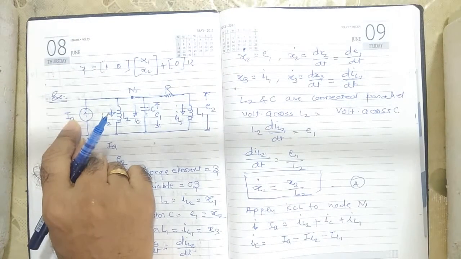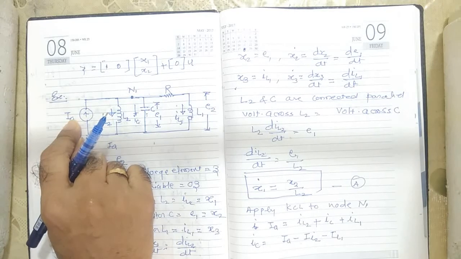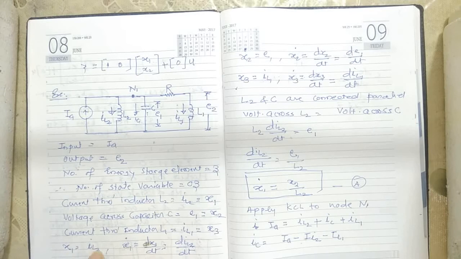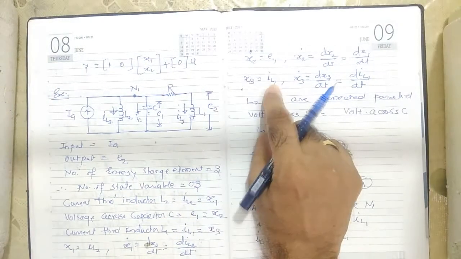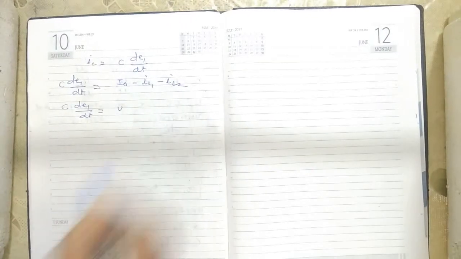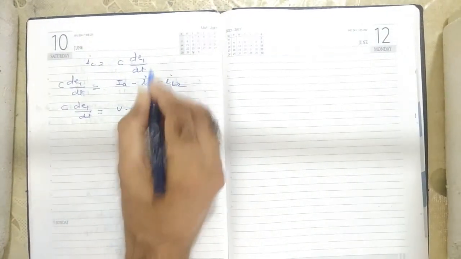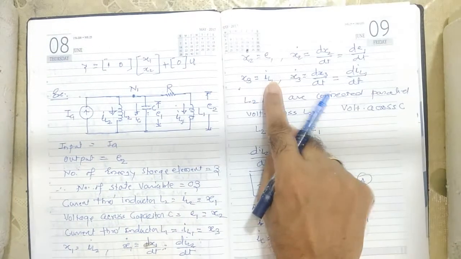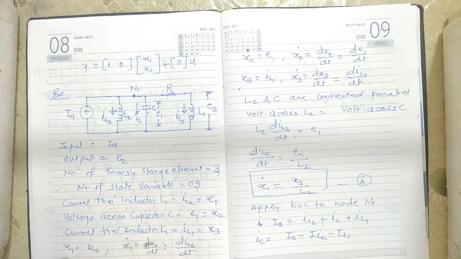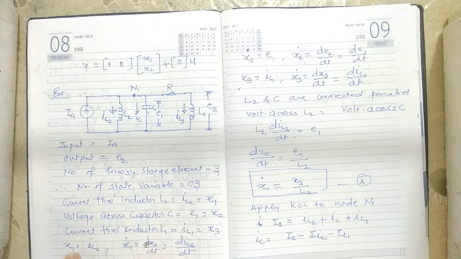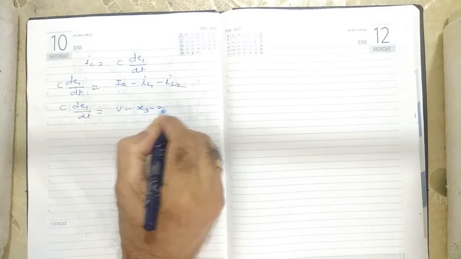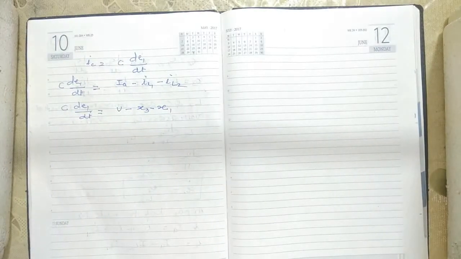Now see here, IA is our input U. IL2 is x1 and IL1 is x3. So we write the input U minus IL1, that is x3, minus IL2, that is x1.